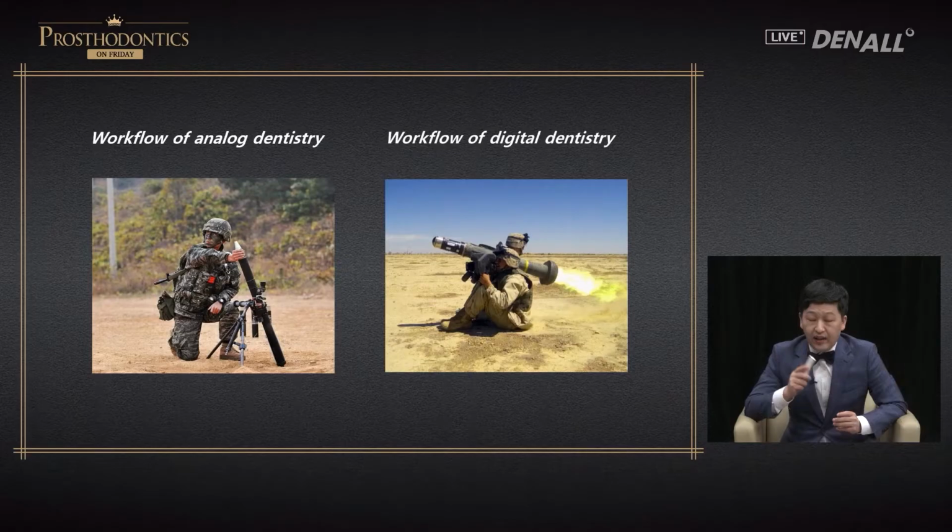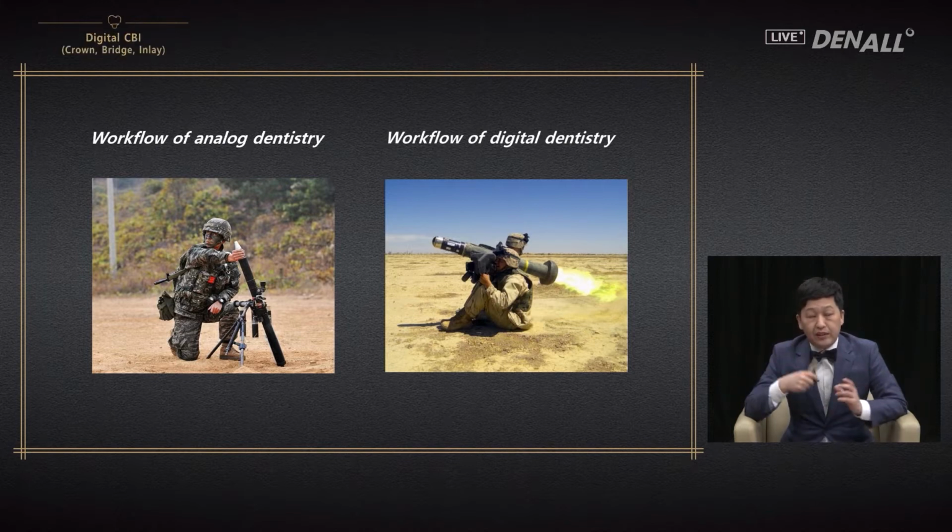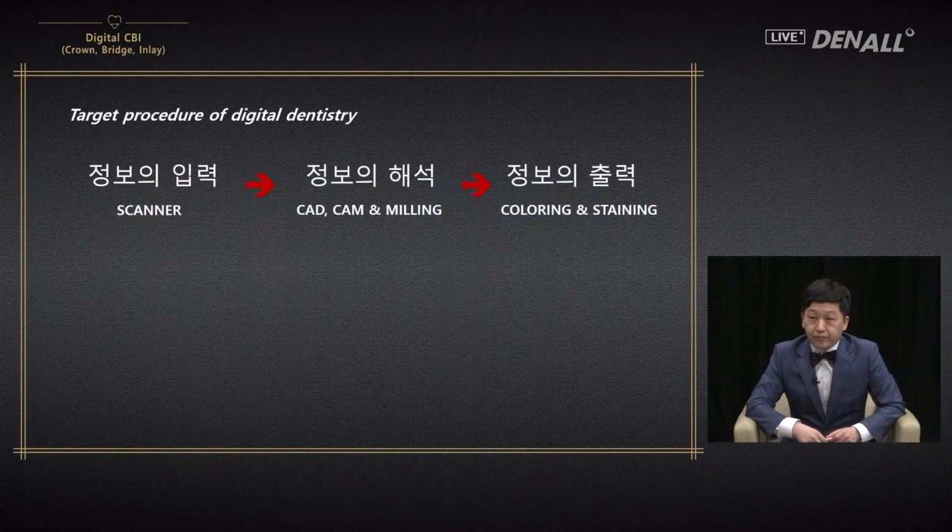Although coordinates are communicated, in some cases it falls in wrong places like civilian housings. What about Stinger missile? It has the ability to hit the target accurately via GPS. I believe digital prosthodontics has that kind of capability. That has been truly enlightening.